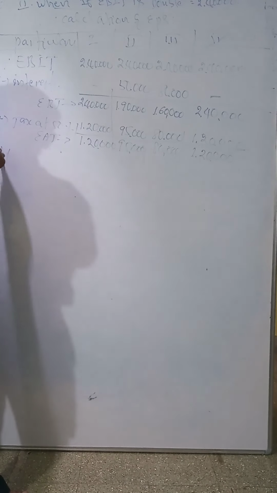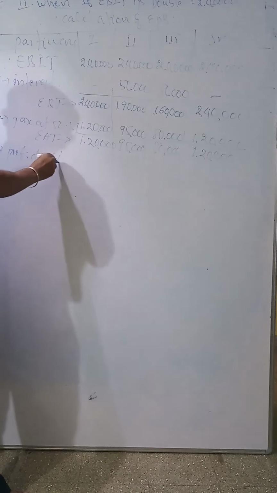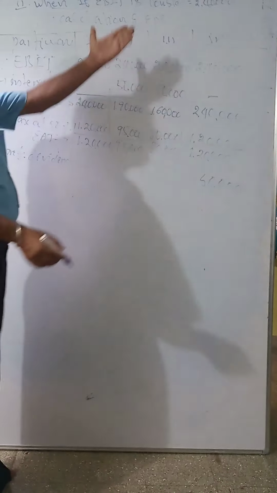See guys. Then less, same format, preference dividend. We already calculated preference dividend. Last problem, how much is the preference dividend? 50,000. First case calculated 50,000, 5 lakh into 10%. Same 50,000 for the last, fourth plan.